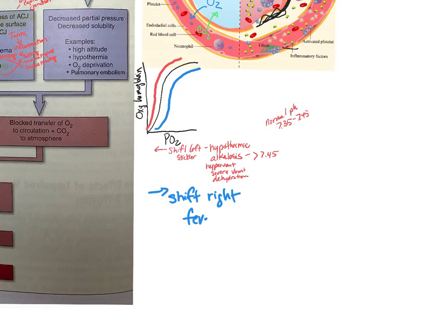Too hot, so fever. If it was alkalosis, what do you think? Acidosis. And so pH less than 7.35.